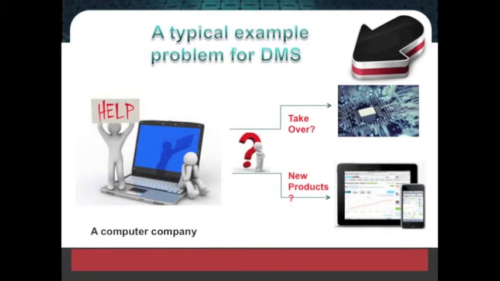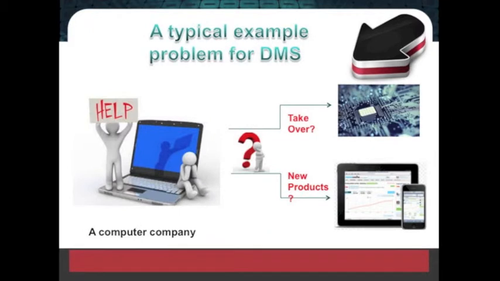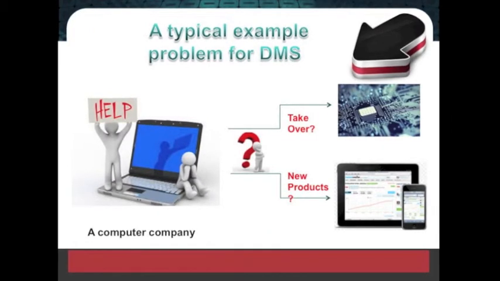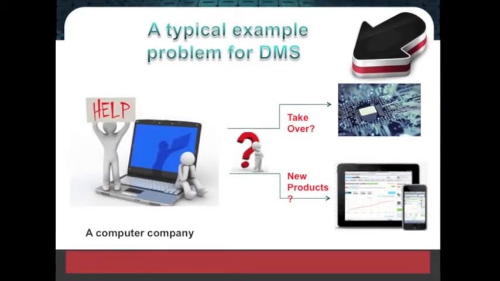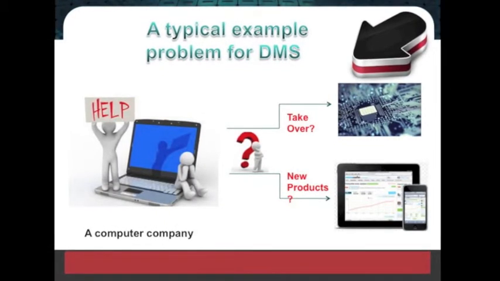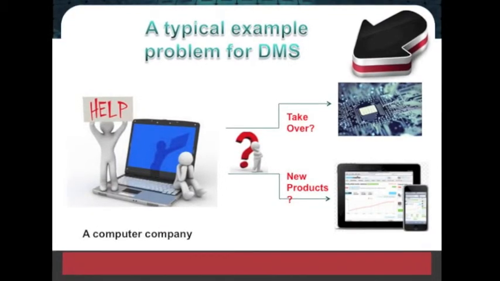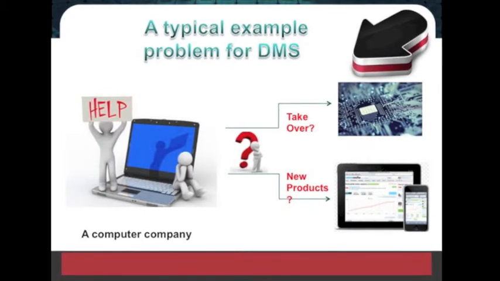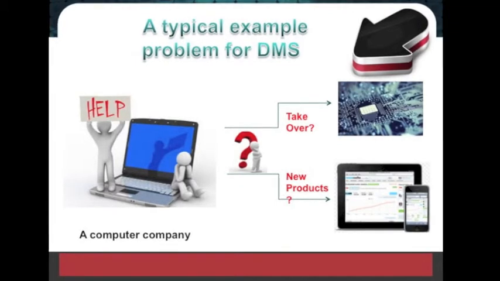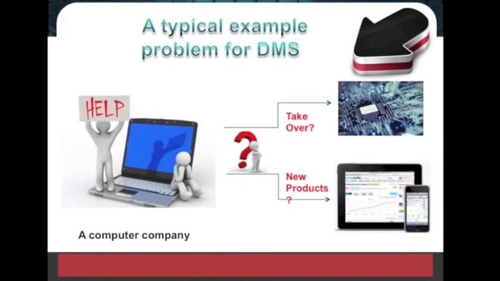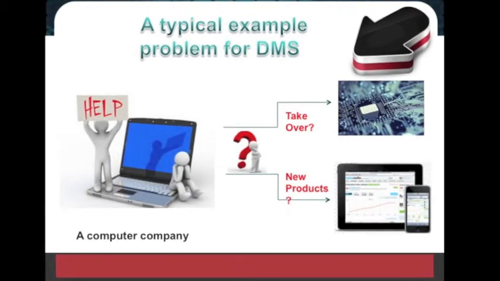Here we would like to show you a problem where decision-making software is needed. For example, a company which mainly produces computers has operated very well in recent years, and the company wants to expand its market. The company now faces different choices: it can take over another company which performs well on computer chips, or it can expand its product line to produce smartphones and tablets, which are very popular in recent years.